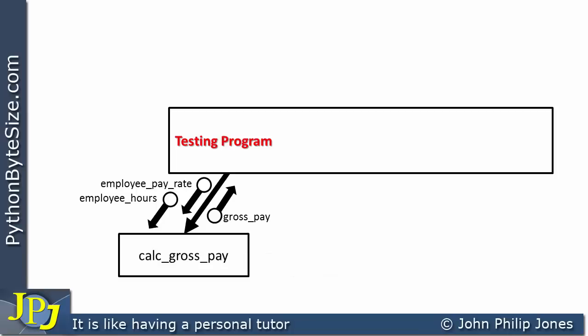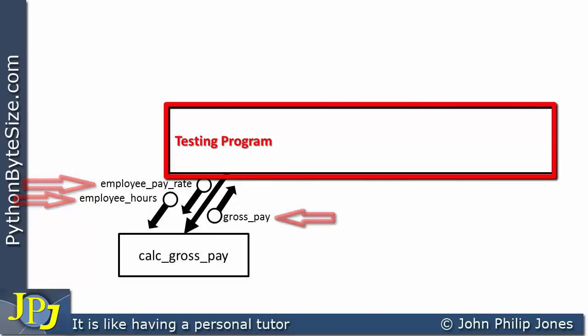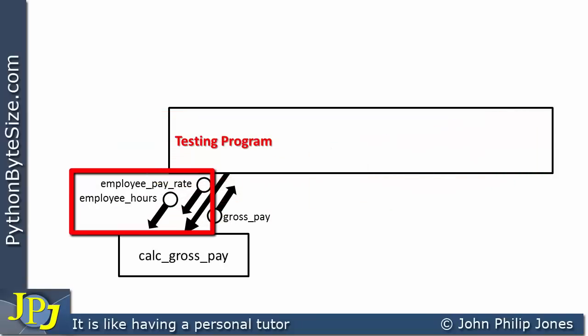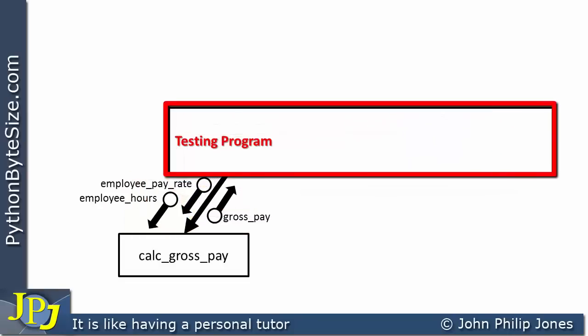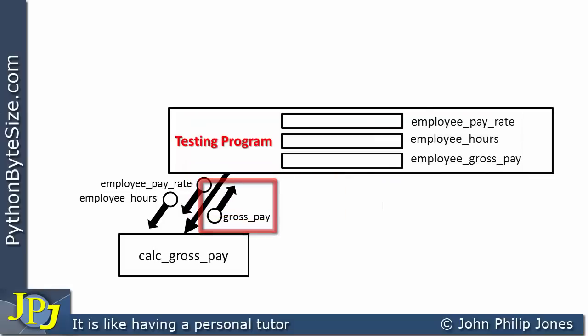Now, the testing program, if it's capable of sending these two and receiving this, then it must have three variables that can grab hold of some data so it can pass these two to calculate gross pay. And when calculate gross pay returns this, there must be a variable in the testing program capable of storing this value. And that's what I'm showing here.